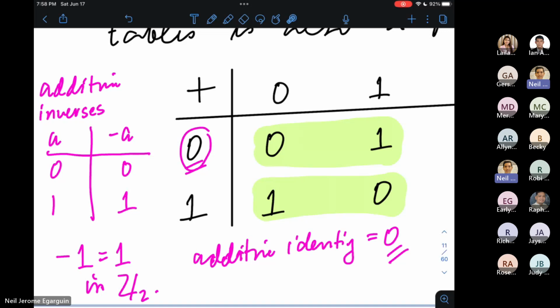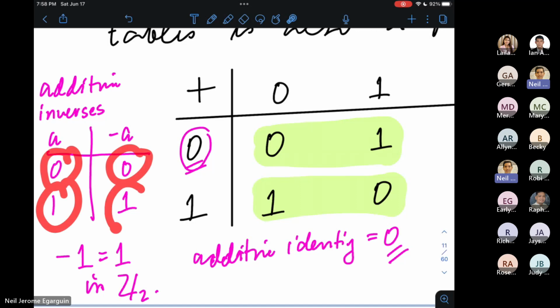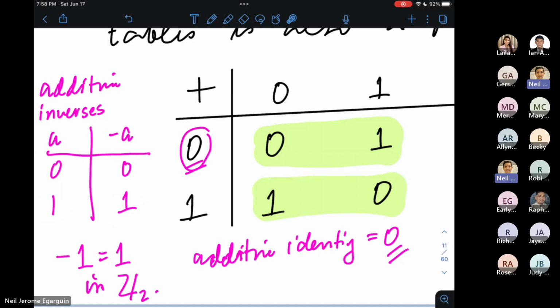Kasi ang additive identity at ang multiplicative identity, sila ay nakatali as properties ng field. Pero yung inverses, yung additive inverse at saka yung multiplicative inverse, sila ay mga properties na nakatali pa isa-isa dun sa mga numbers. So additive inverse ni 0 ay si 0, additive inverse ni 1 ay 1. So bawat isang number doon sa field, may kanya-kanya silang additive inverse. So if you are asking kung ang mga additive inverse ba ng mga members ng field ay iba-iba, yes, posible silang iba-iba.